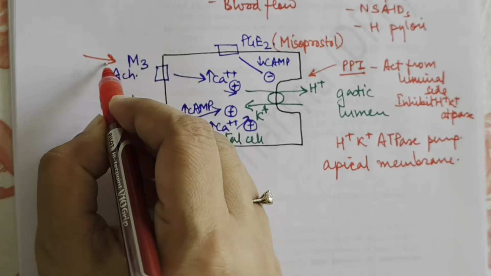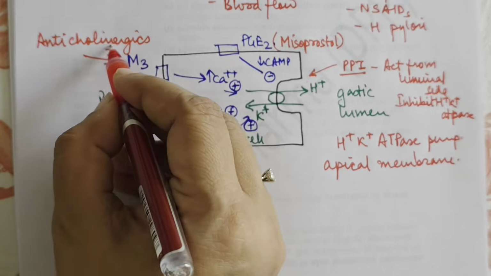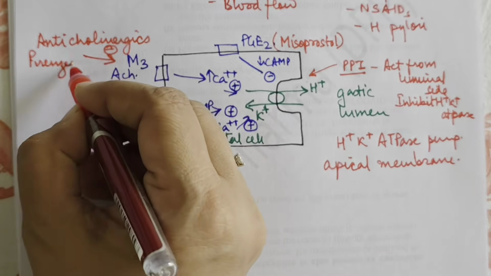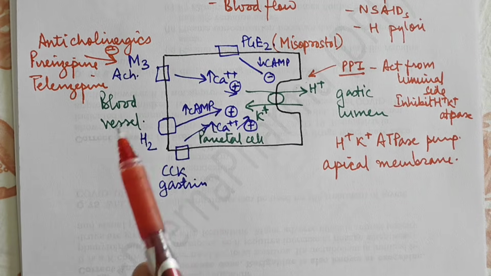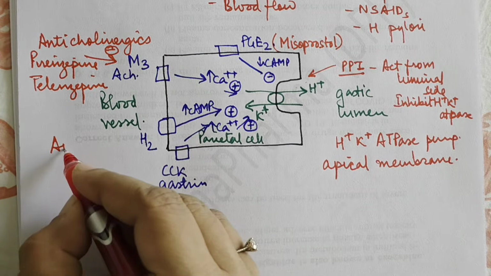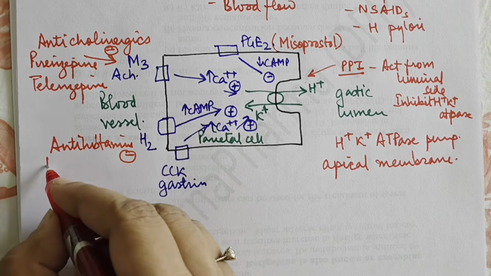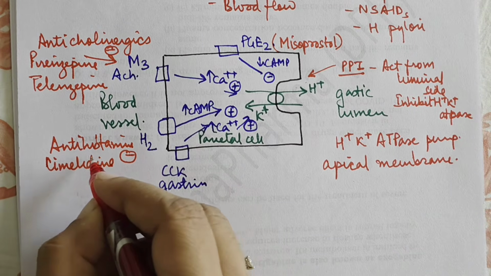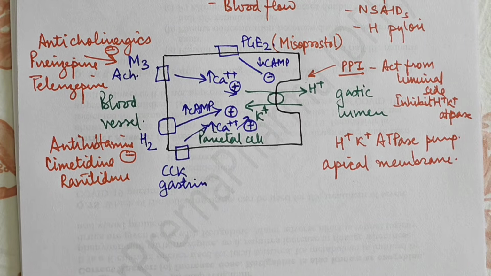Okay. Then anticholinergics, which have a negative influence, that is pirenzepine, telenzepine. So these drugs inhibit this acetylcholine receptor, they are anticholinergics. Then we have antihistaminics. Antihistaminics again will inhibit the histamine receptor and in this we have drugs like cimetidine and ranitidine. Okay. So these are the various actions.